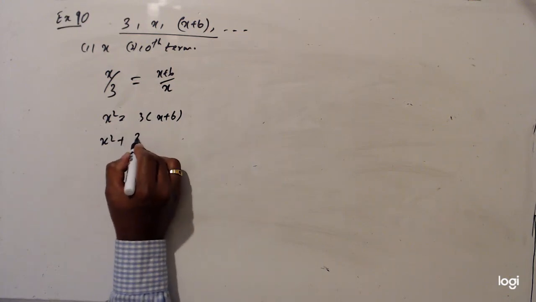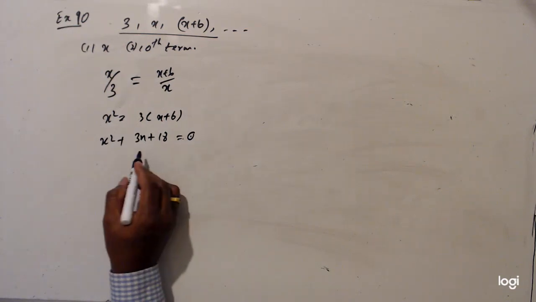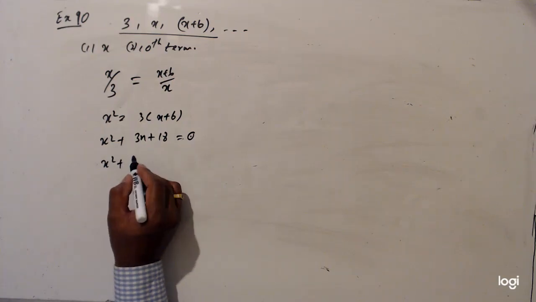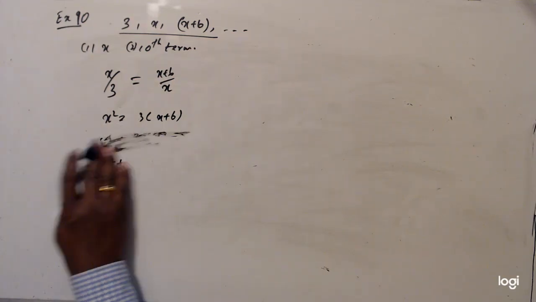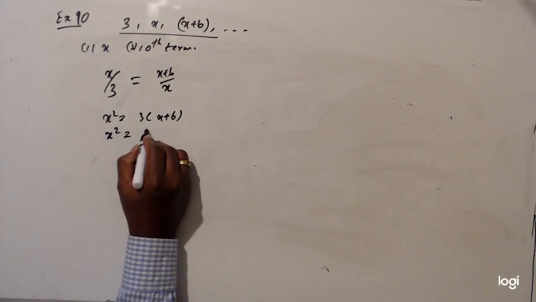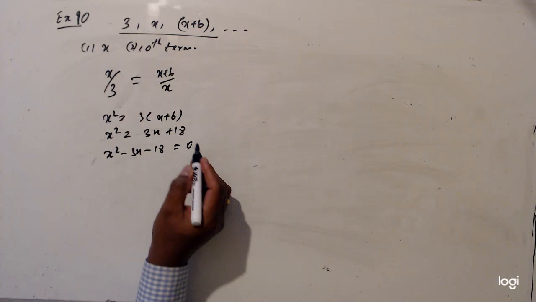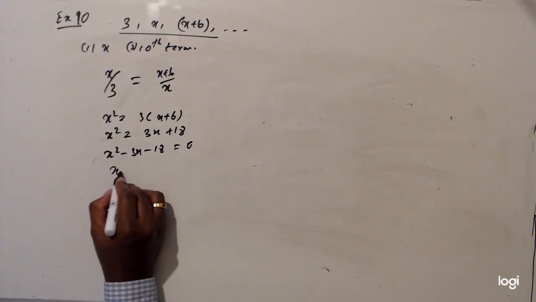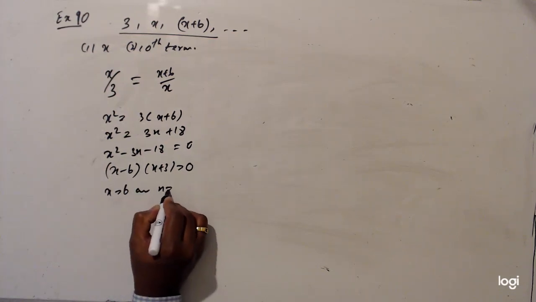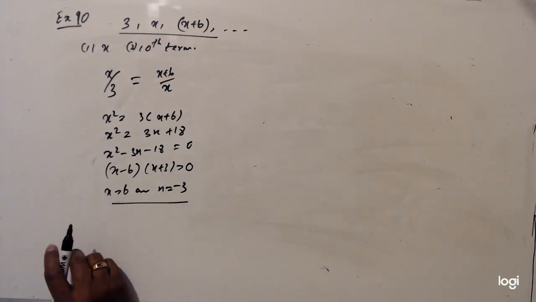So x square equal 3x plus 18, x square minus 3x minus 18 equals 0, x minus 6, x plus 3 equals 0, x equals 6 or x equals minus 3. So we have two answers, so we have to select which one.